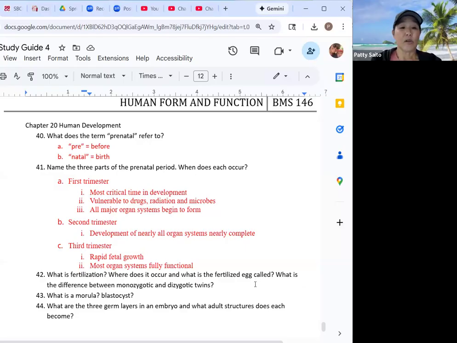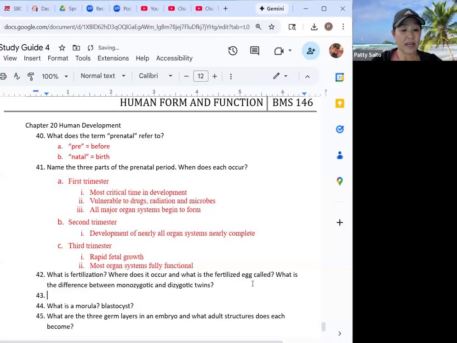Okay. So let's start here with fertilization. And we kind of covered that in the last chapter, where we talked about reproduction. And we know that fertilization includes that union between the sperm and the egg.